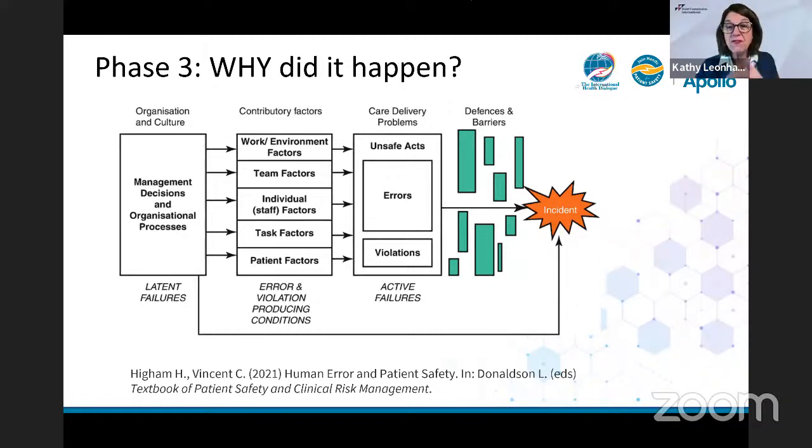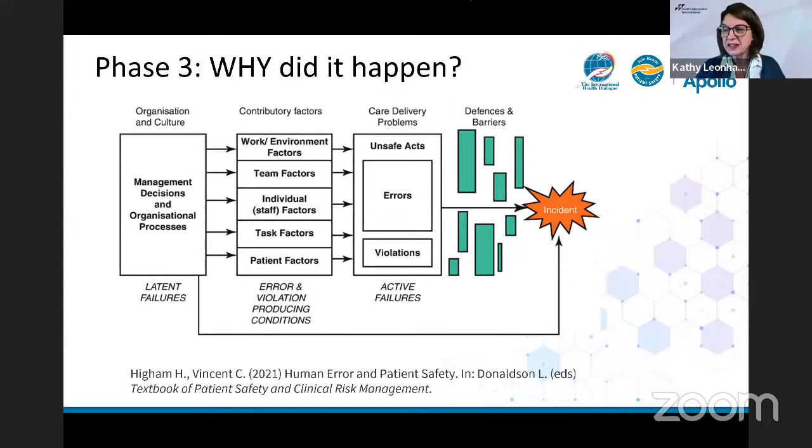So though we focus on the incident, we know we need to look at that huge underlying contribution to what led to the problem. So if we start with the incident and then start working our way right to left, we see some defenses or barriers, those green blocks on the slide.